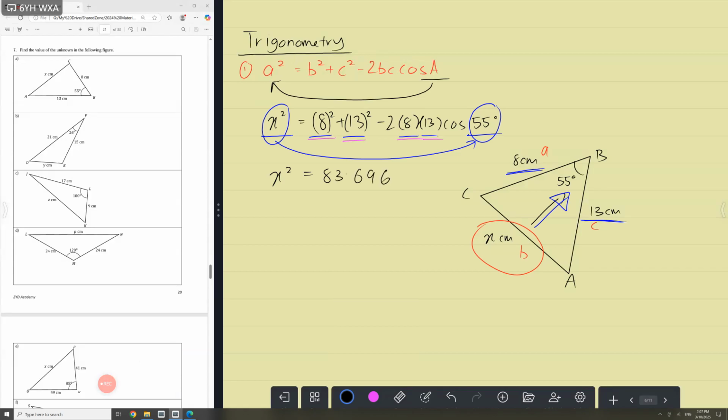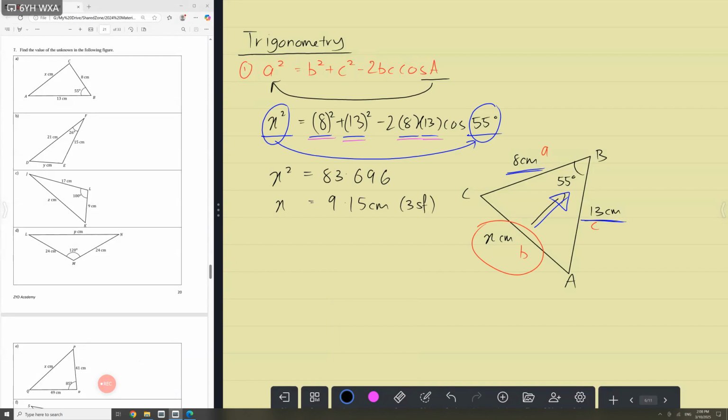I'm going to leave it in 5 significant figures, and therefore to get the value of x, we simply have to square root this value. So the square root of 83.696 gives 9.15 cm, correct to 3 significant figures.